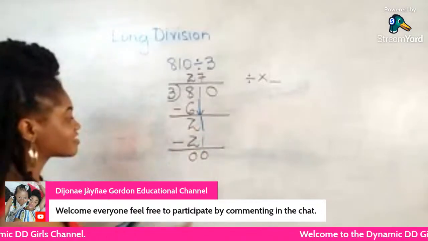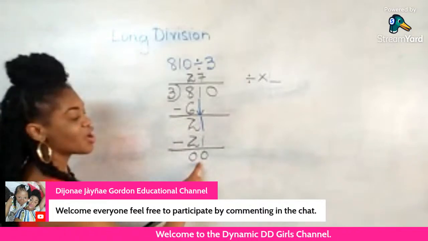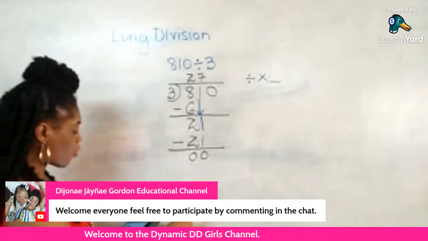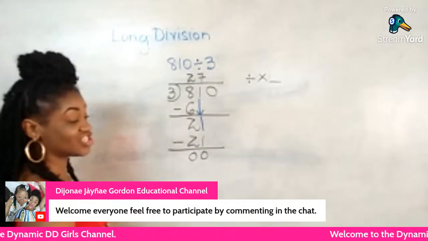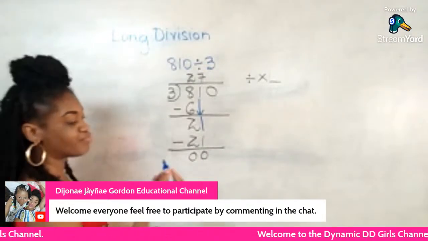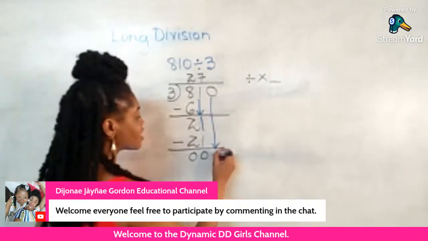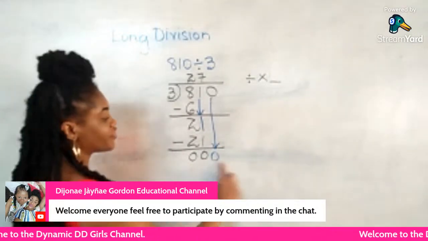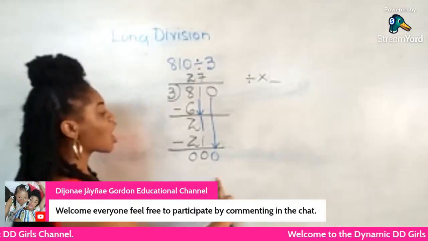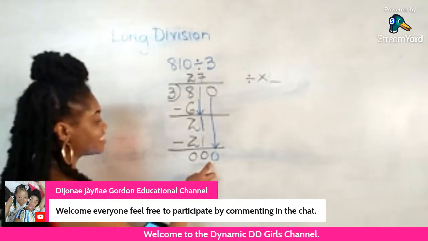But look at it now, we have 0 left, so we know we can't get a group of 3 from 0. So what we have to do in this case, look to see if there is a next digit that we didn't use and bring it right down. And of course, we have 0, so we're going to bring it right down. All right? So we have 0 at the bottom.